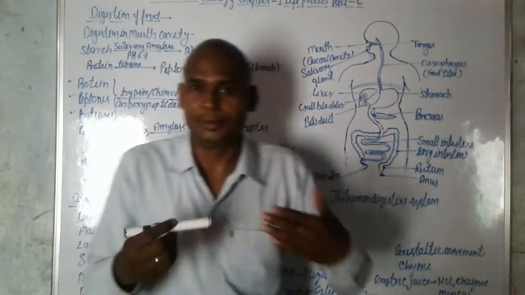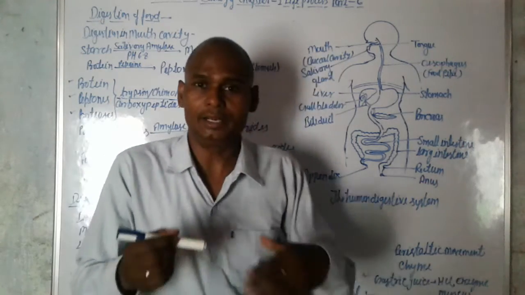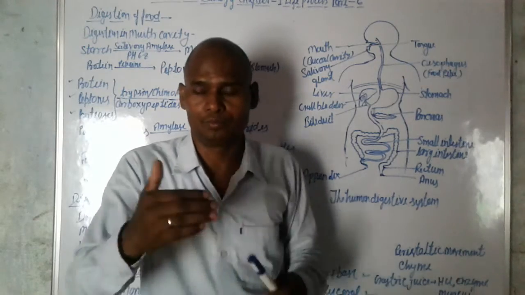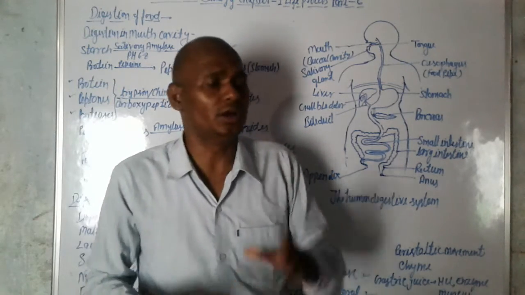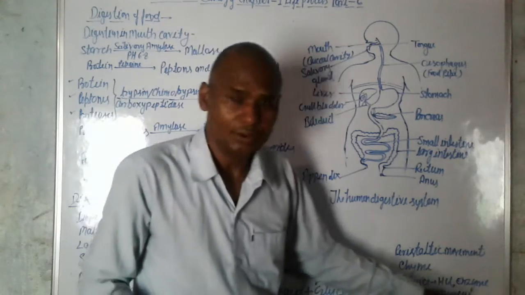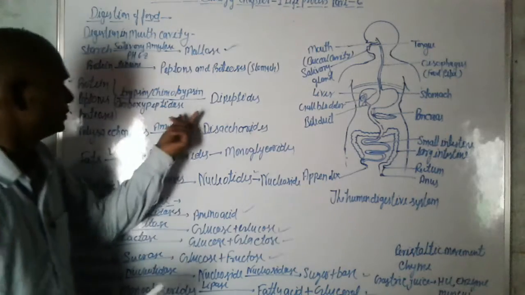Hydrochloric acid's main function is to destroy the harmful bacteria which are present in food. And these are the enzymes.